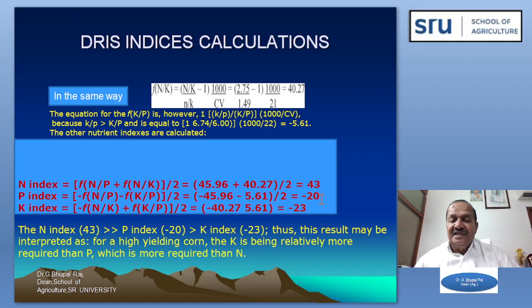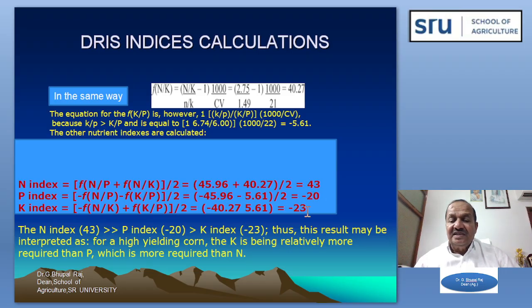If you place all these index values in order from higher to lower side, 43 comes first, followed by -20, followed by -23. Whatever the positive value, it means there is no deficiency. So in this crop, there is no deficiency of nitrogen. The negative value shows the deficiency.